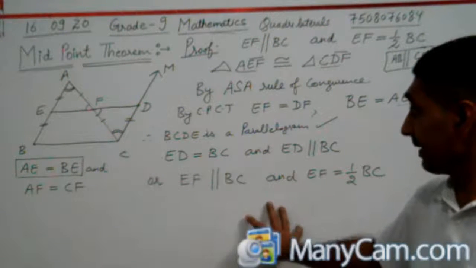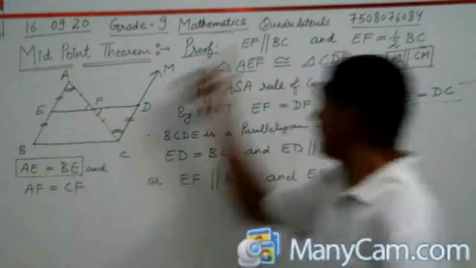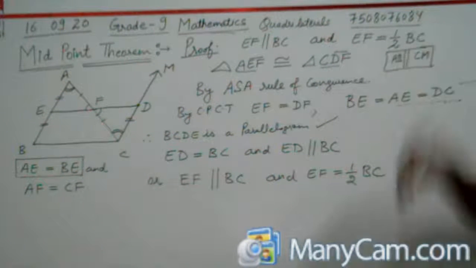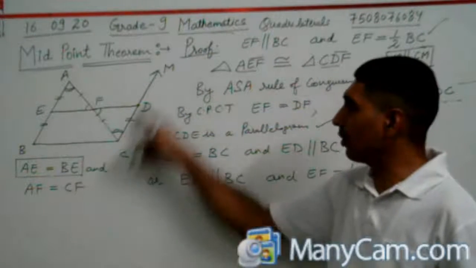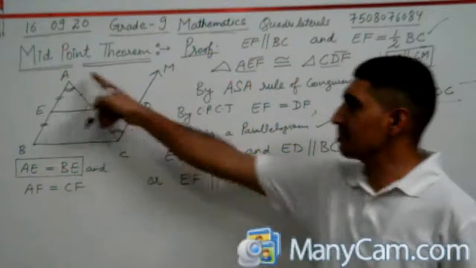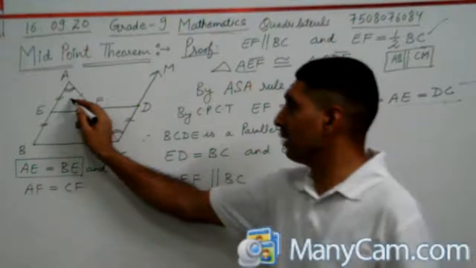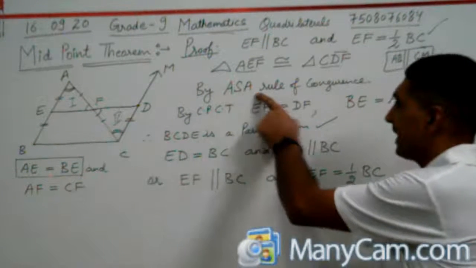So here let me discuss again. We want to prove that EF is parallel to BC and EF is half of BC. So by construction, we have drawn one line CM which is parallel to AB. Now these two triangles, triangle 1 and triangle 2, are congruent by angle side angle rule.